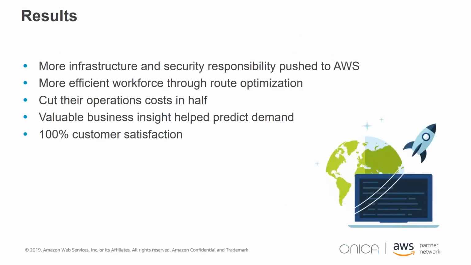So here, what we've done is outsource all of the infrastructure and a majority of the security responsibility to AWS. We get to deliver our business results of a more efficient workforce and cut our operating costs in half. This is not just the cost of the IT I'm talking about, but the cost of the whole operation, all the people that it would take to go refill these dispensers, which is actually half the cost as a result of the solution.